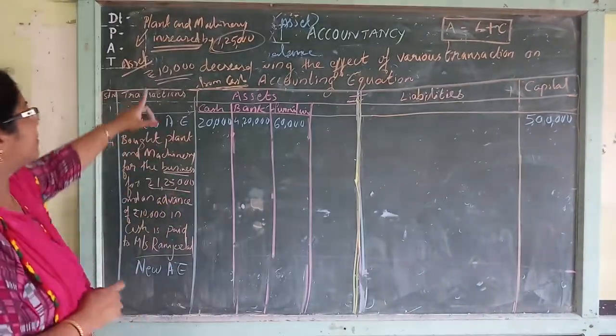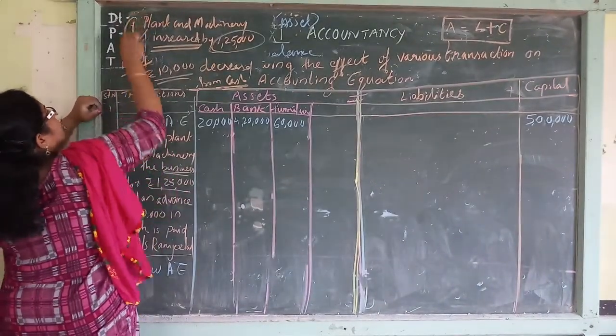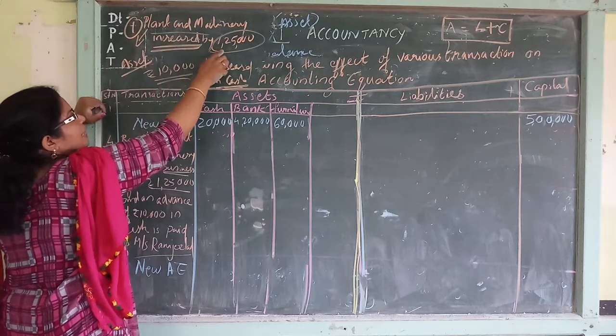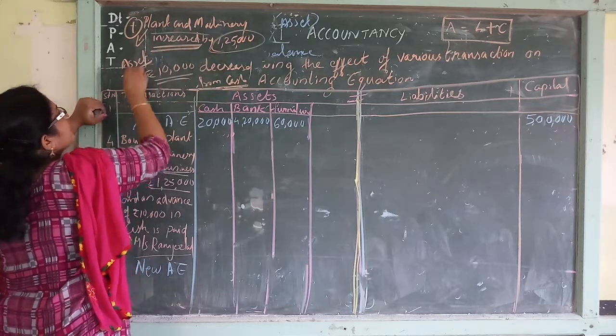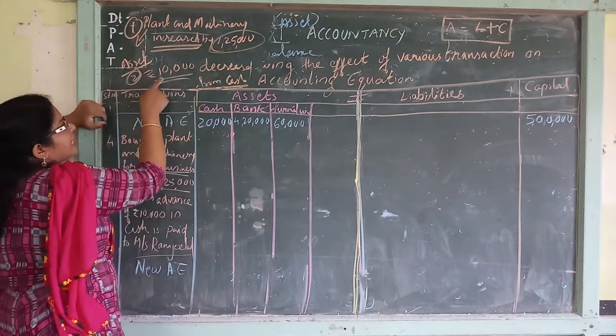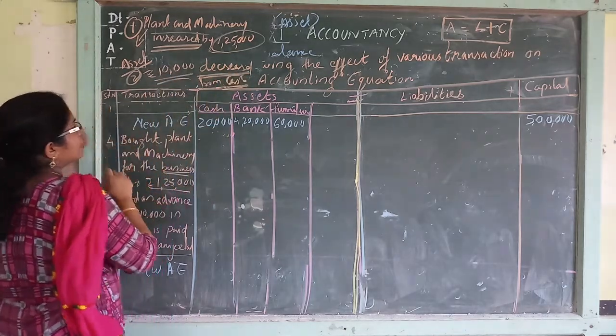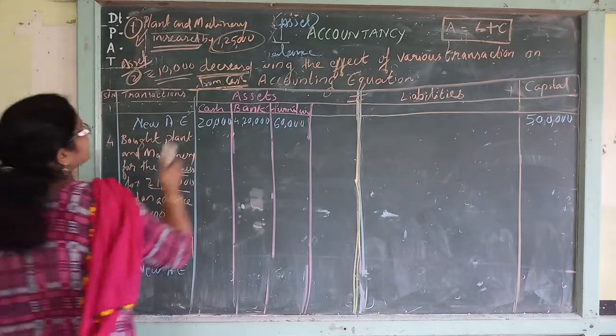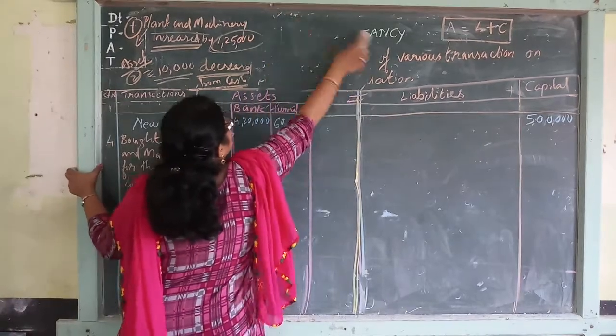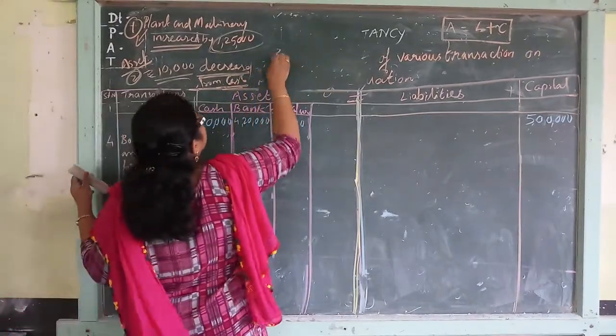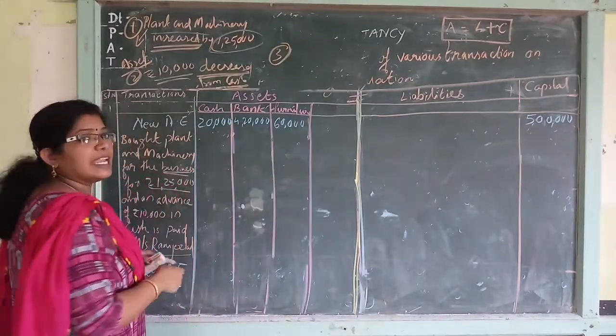So three items will come here. One is plant and machinery increased by 1,25,000. The second effect is another asset, that is cash, is decreased. But what is the third one? In this transaction, the third one is a new liability.